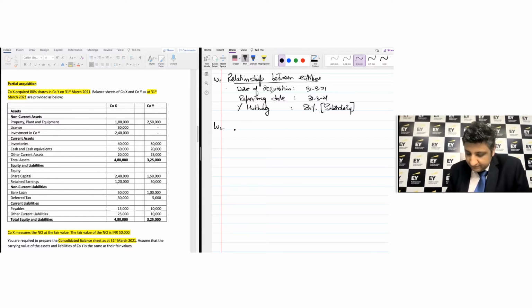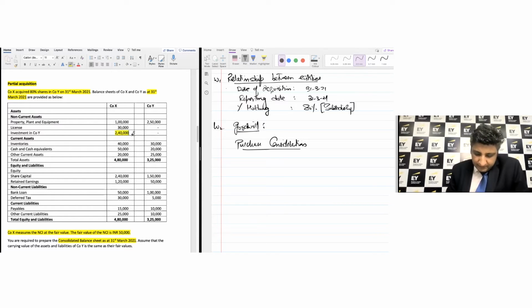The other working that we want to do is, of course, the goodwill calculation. The way we present goodwill here, we still ask ourselves, what is the purchase consideration? How much are you paying?